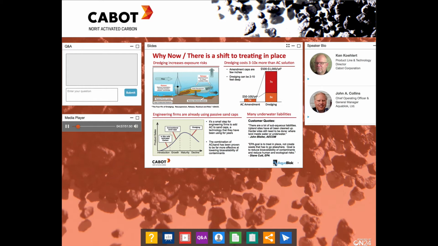In addition, there's a continued push to reduce residual contaminant concentrations, often in areas where dredging or conventional capping is not practical or will destroy high-value habitat. It is expected that there will be a continued growth in low-impact approaches that can be monitored and improved over time. This is the adaptive management concept being put forward by the U.S. EPA.